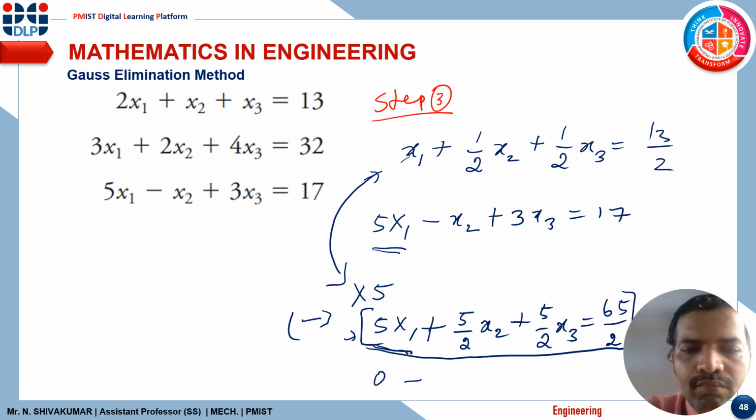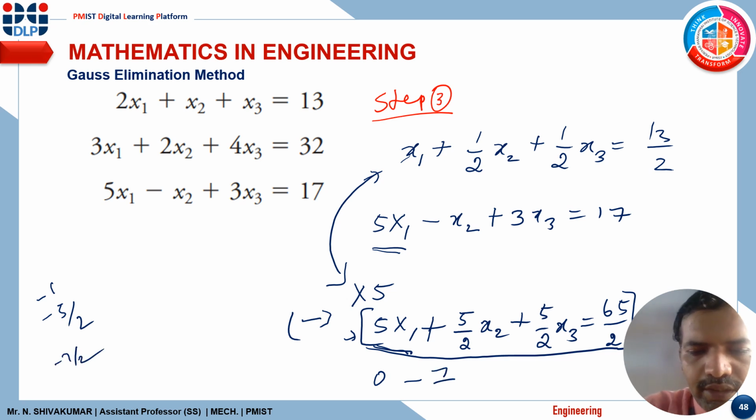Next, minus x2: we have minus 1 minus 5 by 2. 2 into minus 1 is minus 2, minus 2 minus 5 becomes minus 7 by 2. Minus 7 divided by 2 x2.